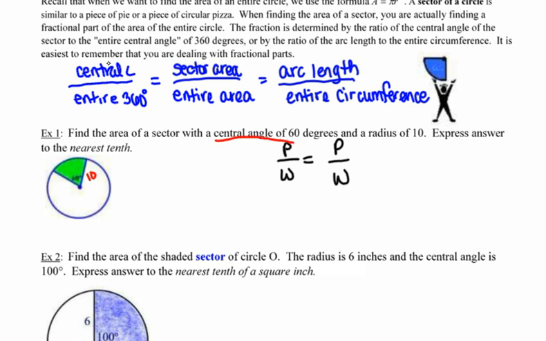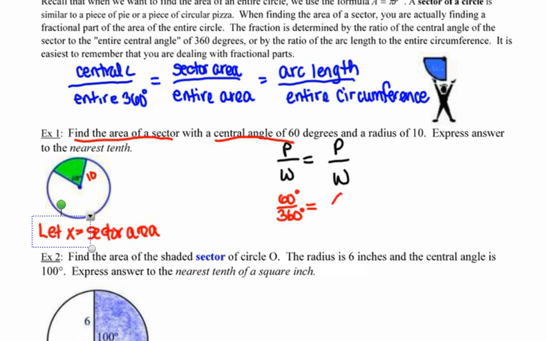A central angle of 60 degrees is compared to the entire 360 degrees in the circle. I'm trying to find the area of my sector, so I might say let X be the sector area. And I want to compare that sector area to the area of the whole circle.